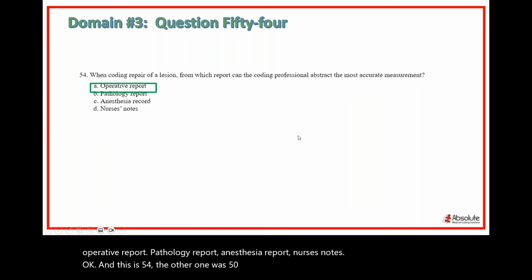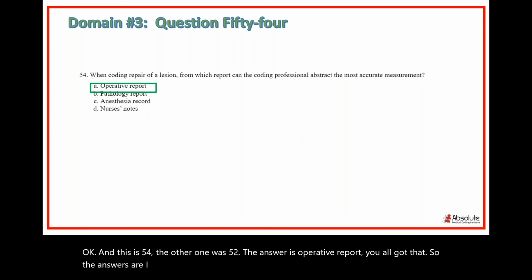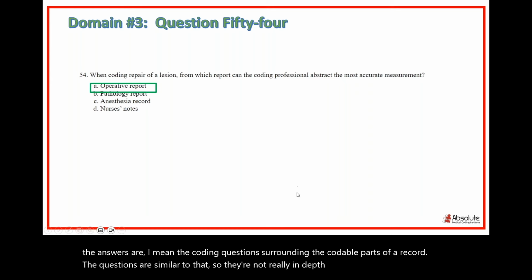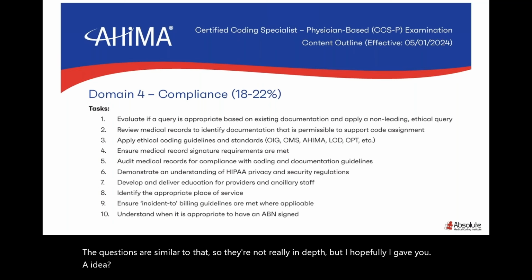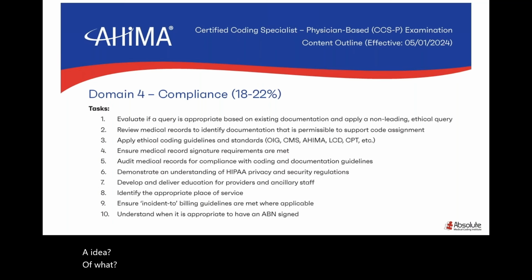The answer is operative report. You all got that. So the coding questions surrounding the codable parts of a record are similar to that. So they're not really in depth, but hopefully I gave you an idea of what is codable and what isn't.